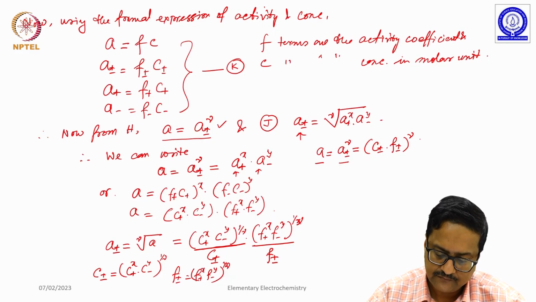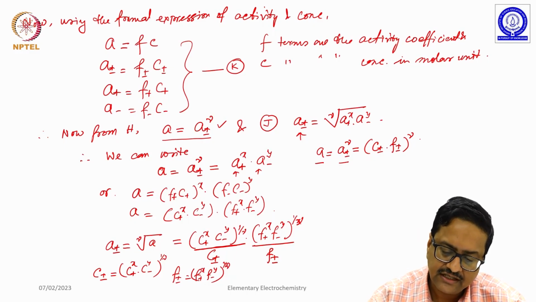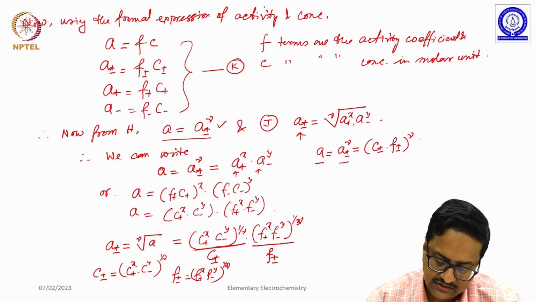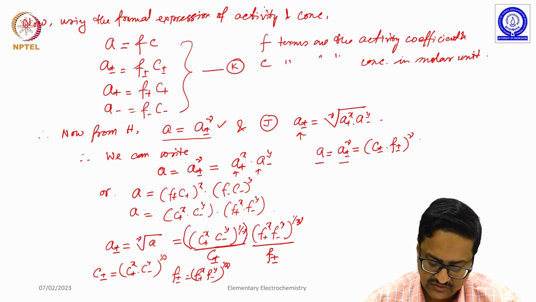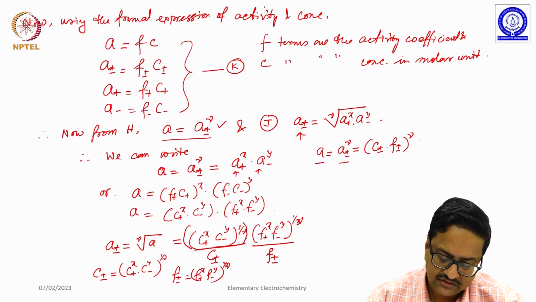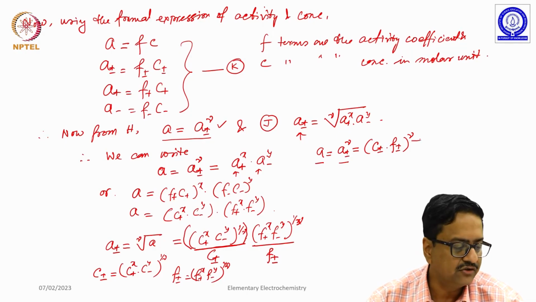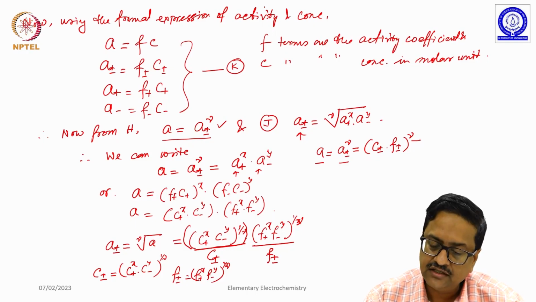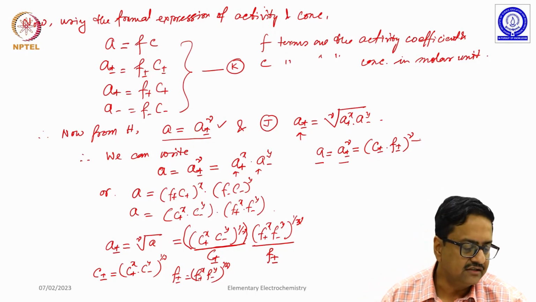So, I am writing here it is A plus minus to the power nu, and this entire quantity is equal to C plus minus. So, when you write C plus minus with this power here, the power that goes there. So, nu plus nu, the nu remains in this expression.